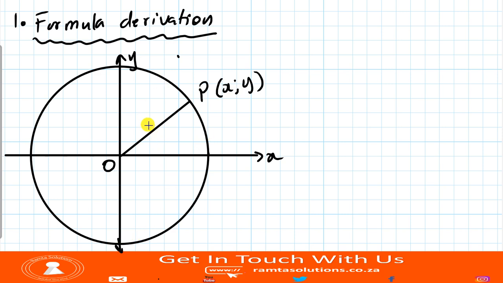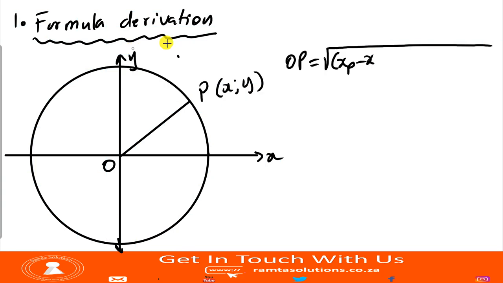You recall that we did distance, so distance OP is the square root of (X sub P minus X sub O) all squared plus (Y sub P minus Y sub O) all squared.